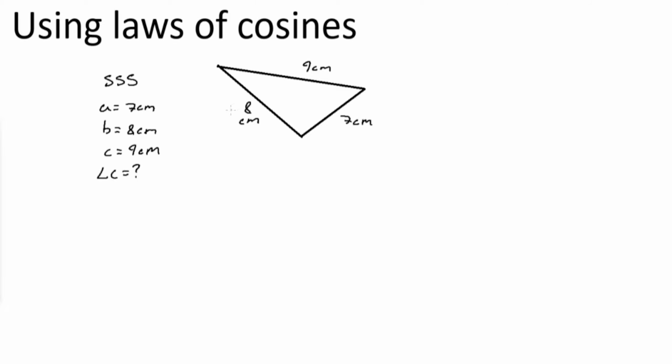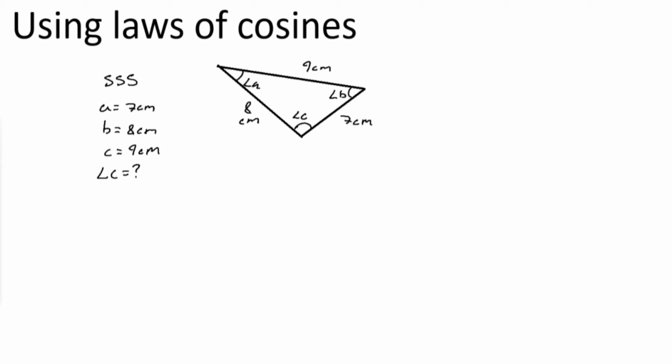So we know this must be angle B, and then this is angle C. This must be angle A here. So we're going to try to find this angle C here.